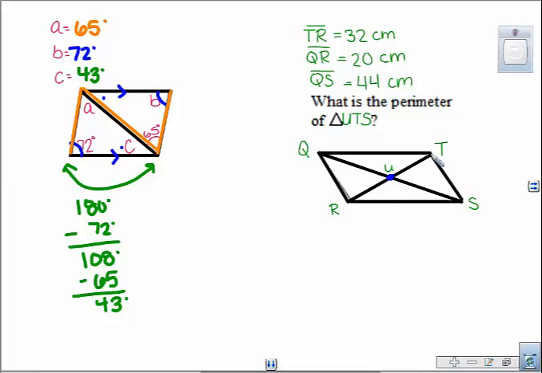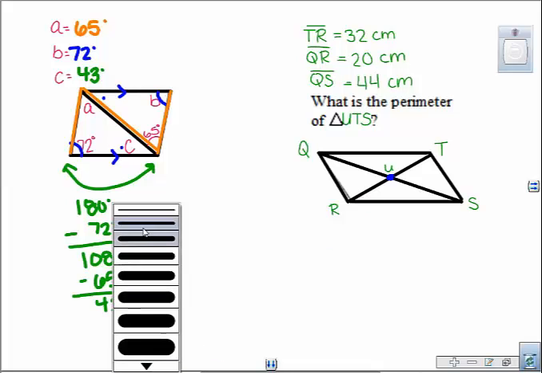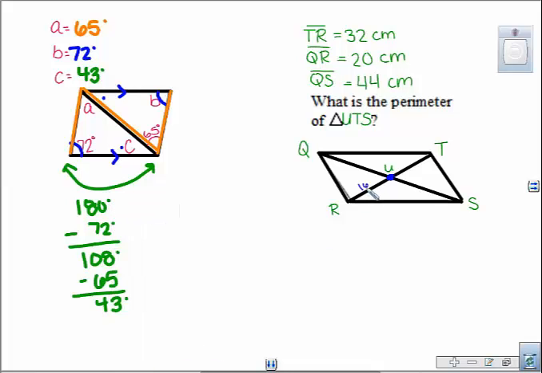So if the entire length is 32, that means that we can split it evenly into 16 and 16. They tell us that QR, this side here, is 20, and that QS, this diagonal, is 44. Again, U is the midpoint, so if you divide that by 2, you get 22 and 22.